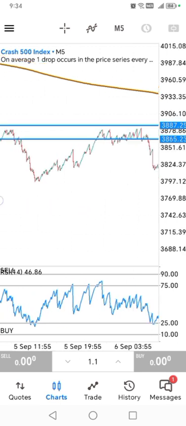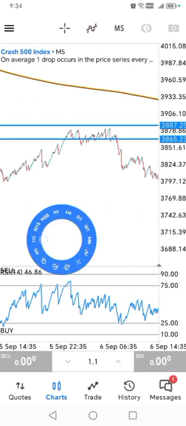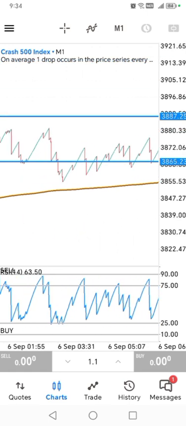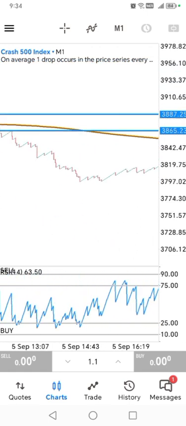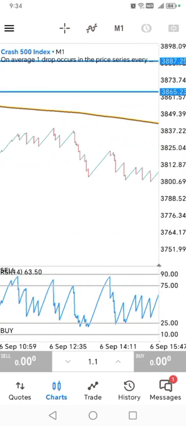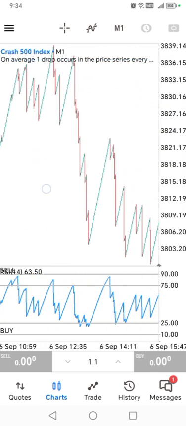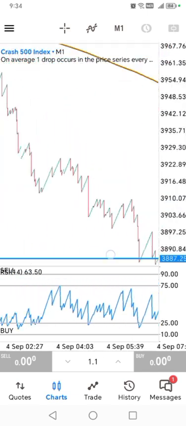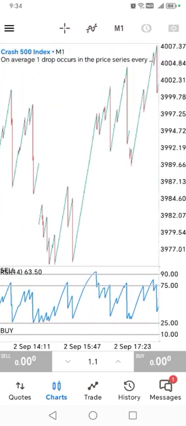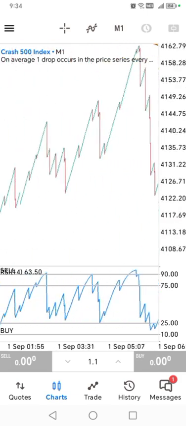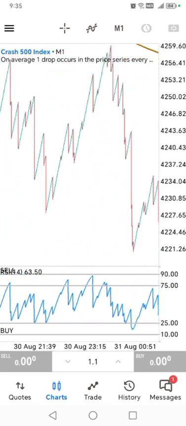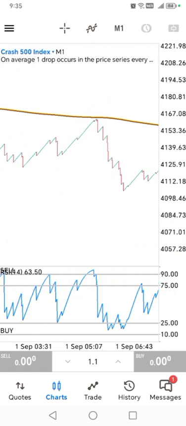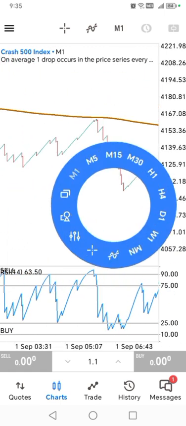So the first thing that you're gonna do, before you even come here on the RSI, is make sure that here on this window, we have two windows.